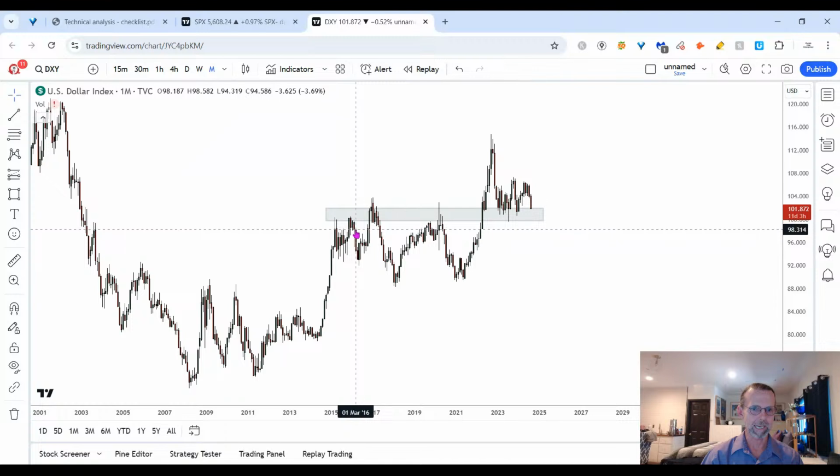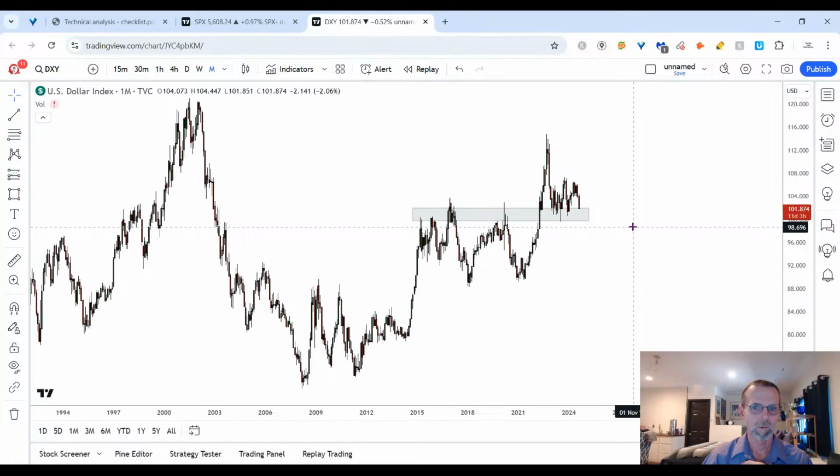We can see it acting as resistance. Got a little poke above there. Resistance again, and then a strong impulsive move through that level, and then a pullback to test that level as support. So that's a horizontal support level, clearly.